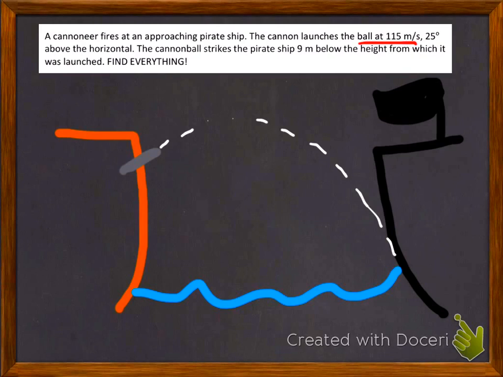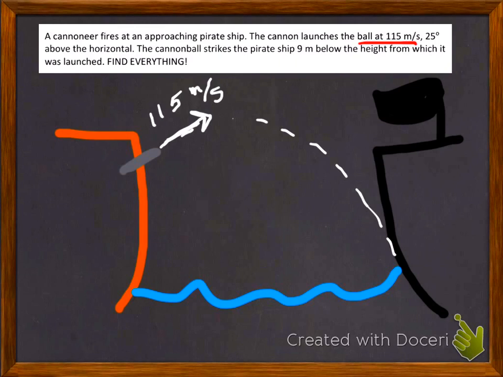Remember, the path of a projectile is always going to form a parabola, and that's because of the acceleration only in the vertical direction. So from the problem, I know the initial speed that the ball comes out of the cannon is 115 meters per second.